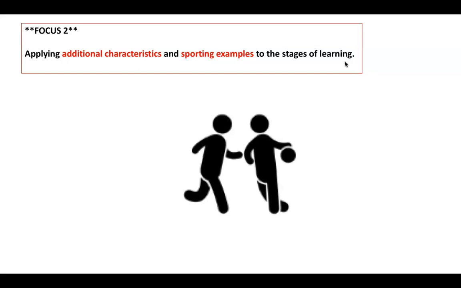We need a sporting example for the cognitive stage, for fluency, sporting example, feedback, sporting example. The next characteristic we're going to go on to next slide, sporting example. You must have a sporting example for every characteristic, not just for the one stage as a whole. That's really important.